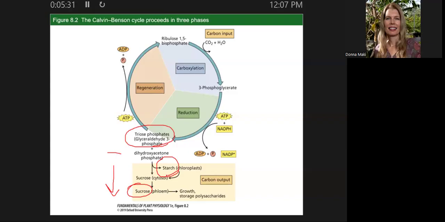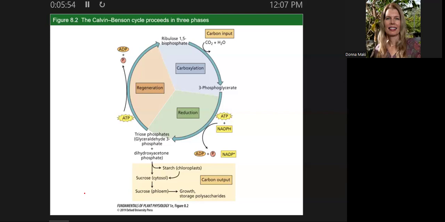I'm gonna make some starch. And that just stays in the chloroplast. You'll actually see some starch granules in the chloroplast if you look at it under the microscope. So that's kind of a branch point idea where you have some options of what's going to happen to that pool of G3P that's building up over time.